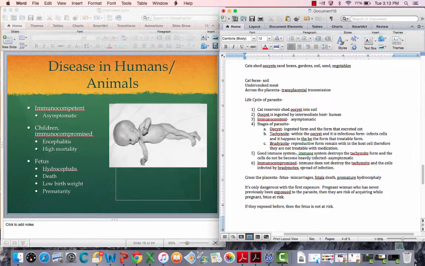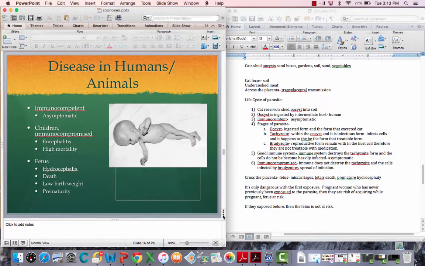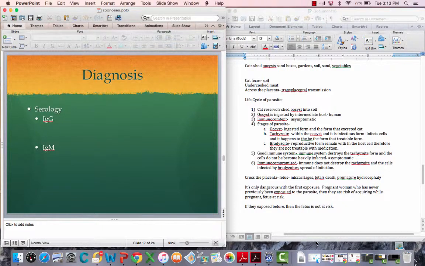This is why, in general, they recommend that pregnant women just avoid any contact with cat feces. So you don't change the litter box. If you're going to do gardening, you wear gloves. There are tests that you can do to check whether or not you have been previously exposed to toxoplasmosis. Interestingly enough, considering I've owned cats my whole life, I'm a veterinarian, I did this test when we were becoming pregnant, and I have never been exposed to the parasite.